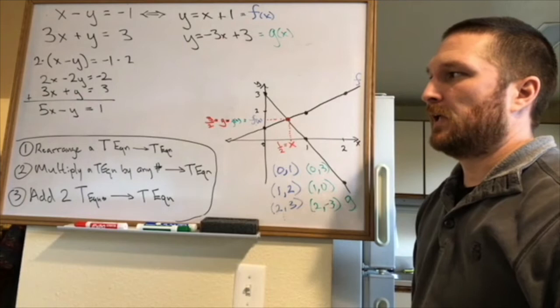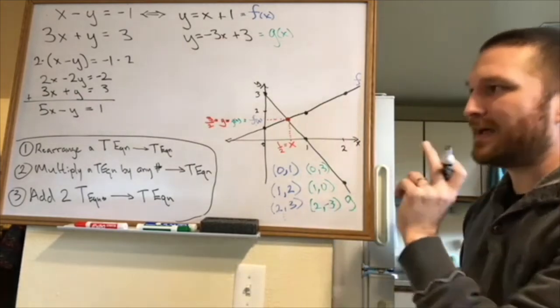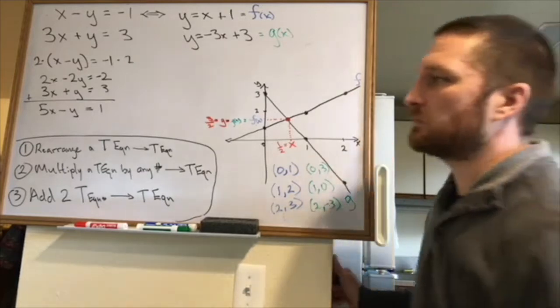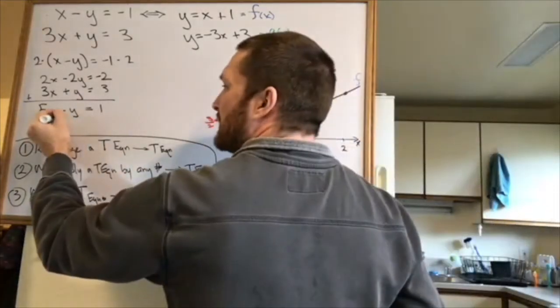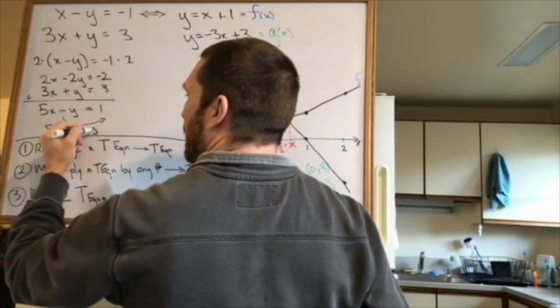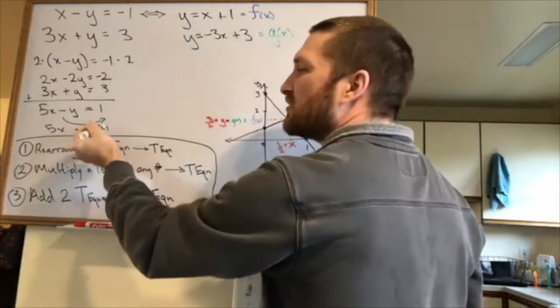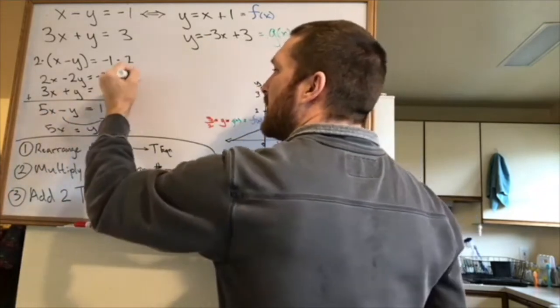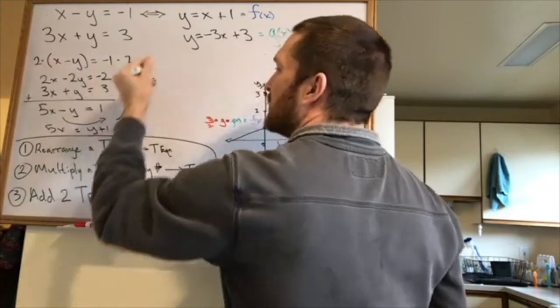Well, wait a second. I want to wrap my head around this thing. In fact, I'm going to put it into the form y equals mx plus b. I'm going to do that by taking the y over to this side, giving me 5x equals y plus 1. And then I'm going to subtract 1 from both sides to give me y equals 5x minus 1.